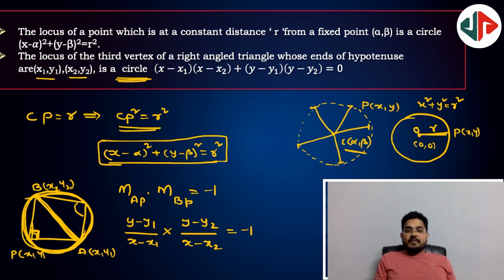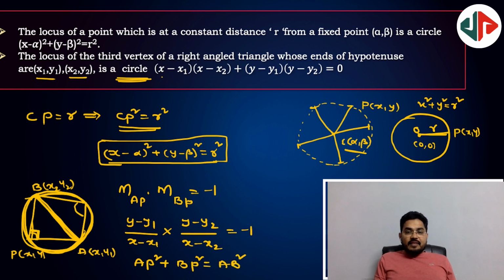From your simplification you'll get the result. Not only this, you can even go for Pythagoras theorem also. What is that? AP square plus BP square is equal to AB square also.